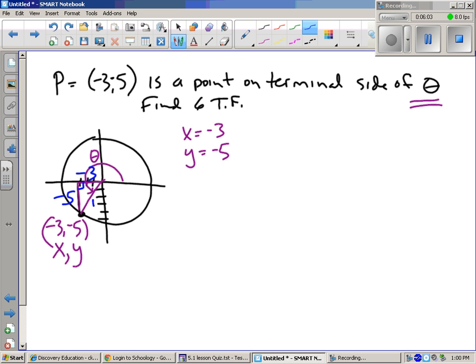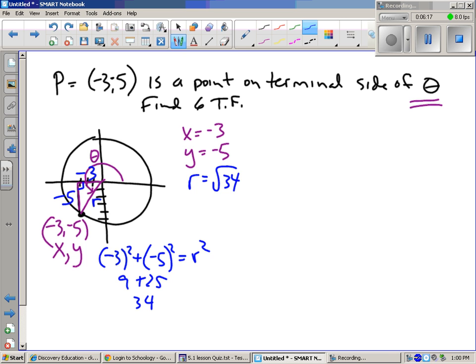So to find r, I'm going to do -3 squared plus -5 squared equals r squared. 9 plus 25, that's 34. So r squared is 34. So r is the square root of 34. Okay, our work is almost done here.